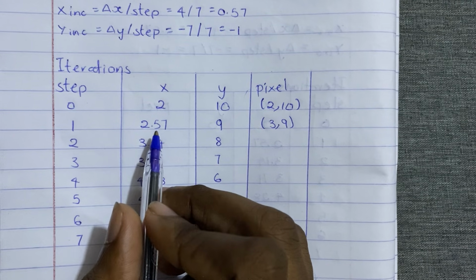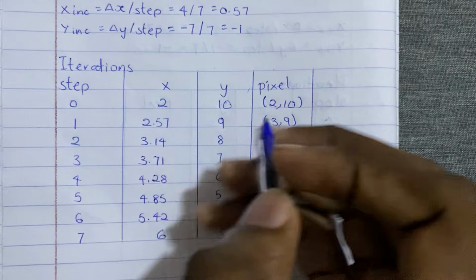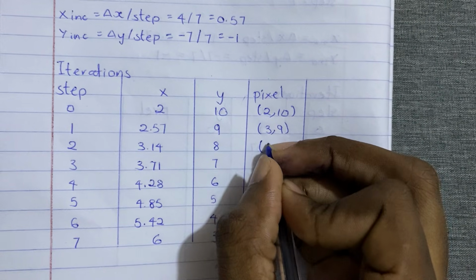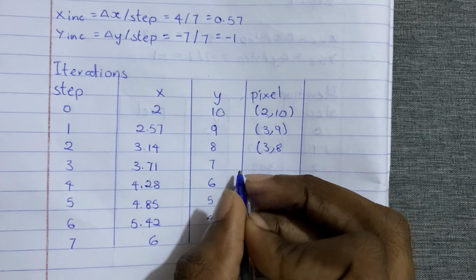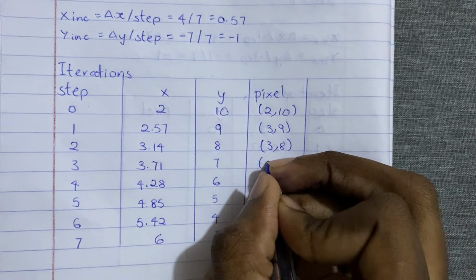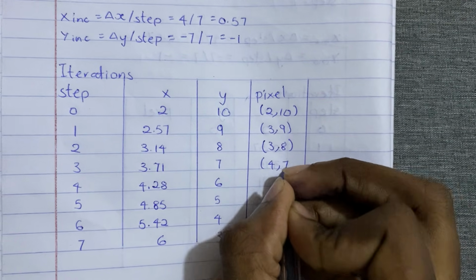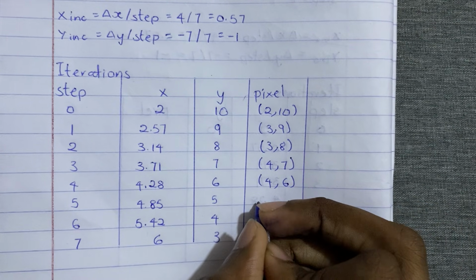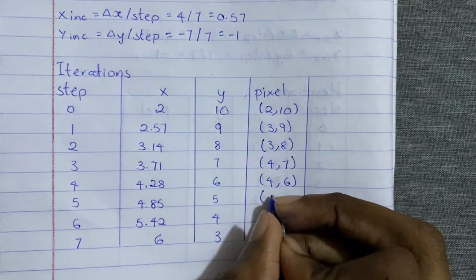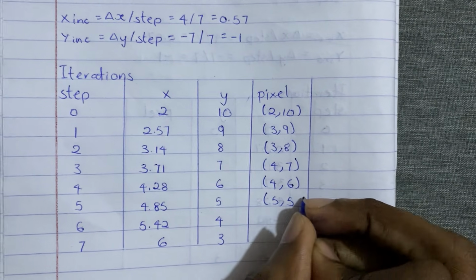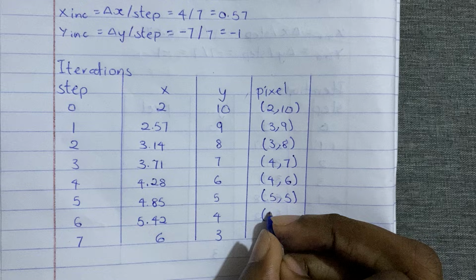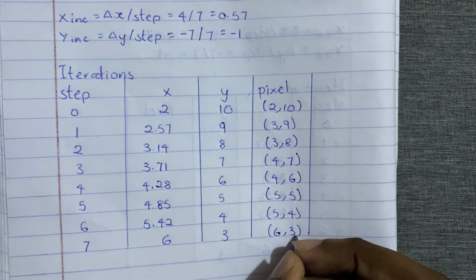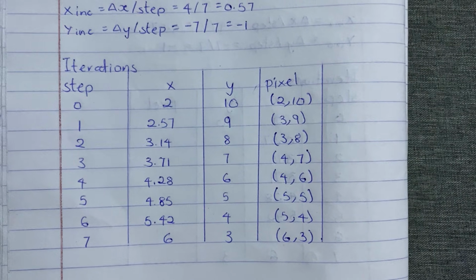This one I rounded up because it was more than 0.5. Then we get 3 and 8, 4 and 7, 4 and 6, 5 and 5, 5 and 4, 6 and 3. So this is how the DDA algorithm works.